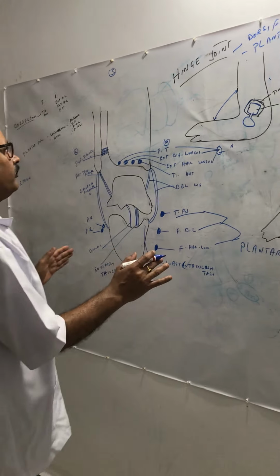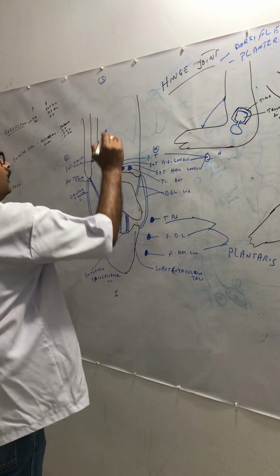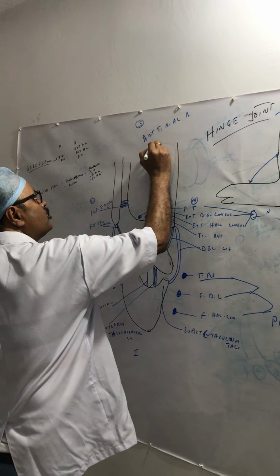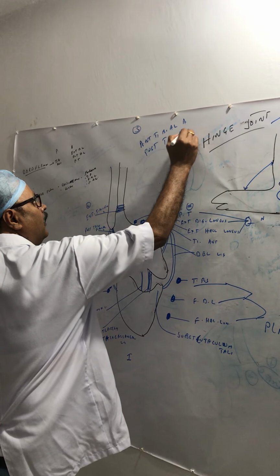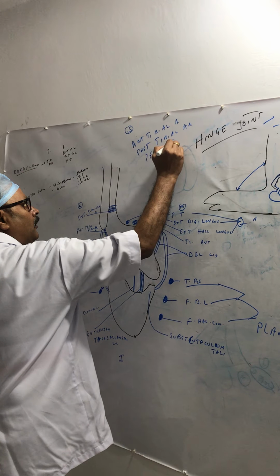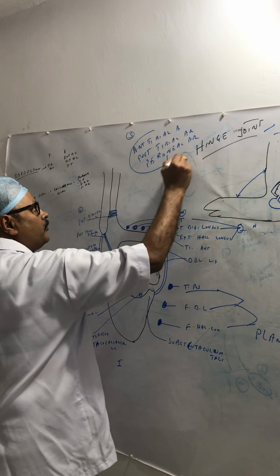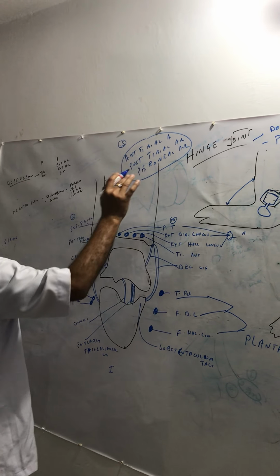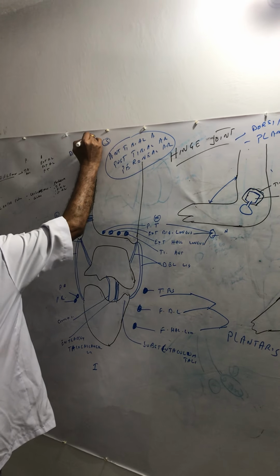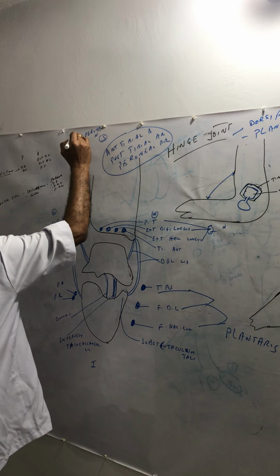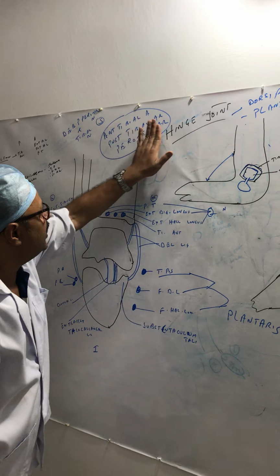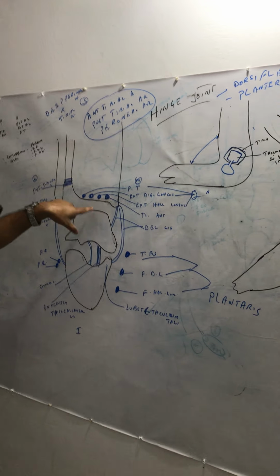Now we move on to the blood supply of the ankle joint: the anterior tibial artery, posterior tibial artery, and the peroneal artery supply blood to the ankle joint.